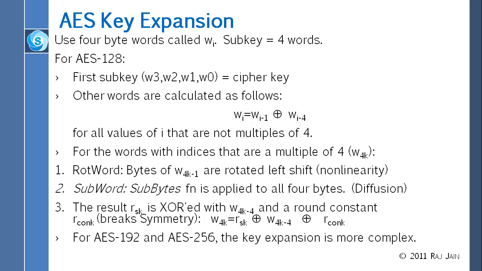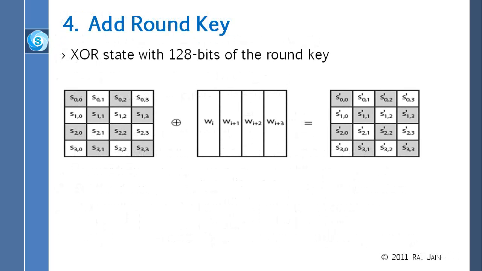Now, for the other rounds, we somehow use these 4 32-bit words. By the way, you should notice here that if somebody gave you the key, you write down the column first. So the first column will become one word, second column will become second word, third column will become third word, fourth column will become fourth word.